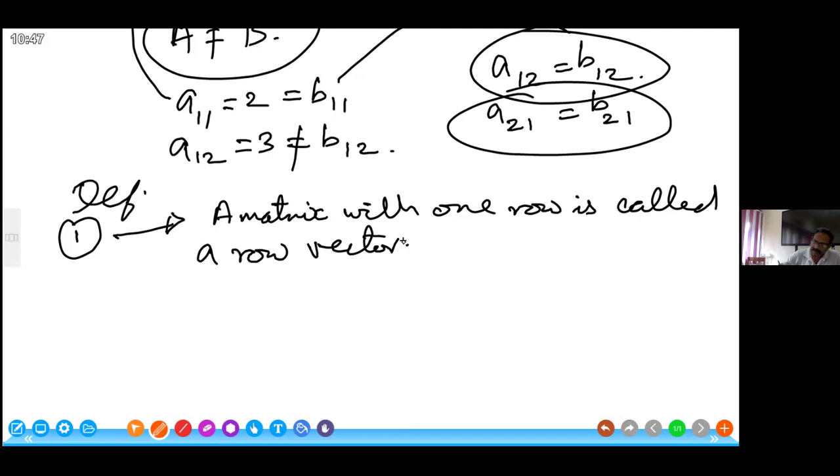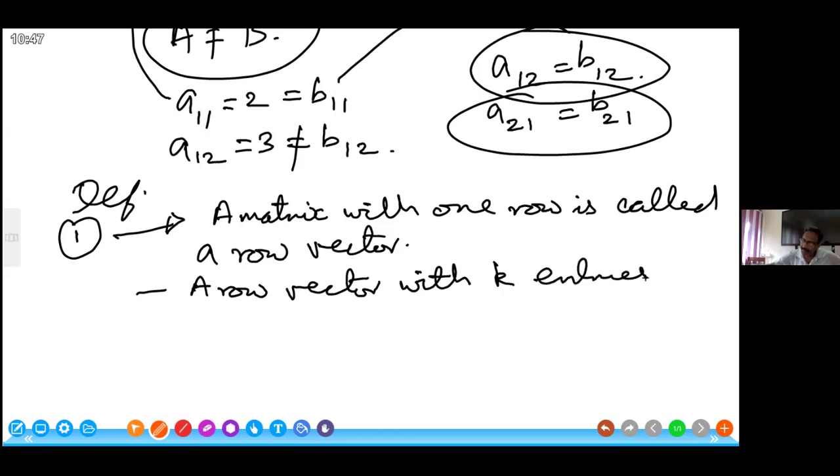A row vector with k entries is the same as a 1 into k matrix.